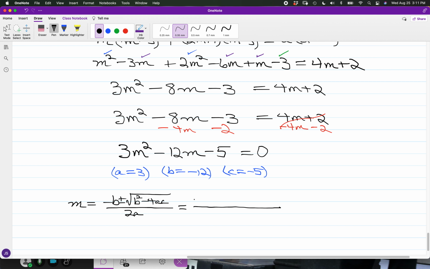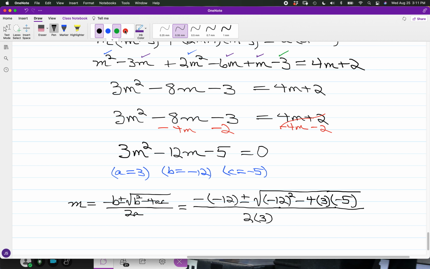Now b is a negative value, and I'm going to be taking the opposite sign of this. So negative b is the negative of negative 12, and we have plus or minus the square root of b squared, so the square of negative 12, minus 4ac, so minus 4, a is 3, times c, c is negative 5, all over 2a, so 2 times 3.